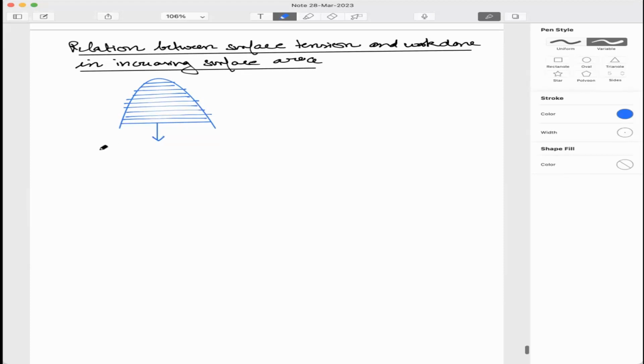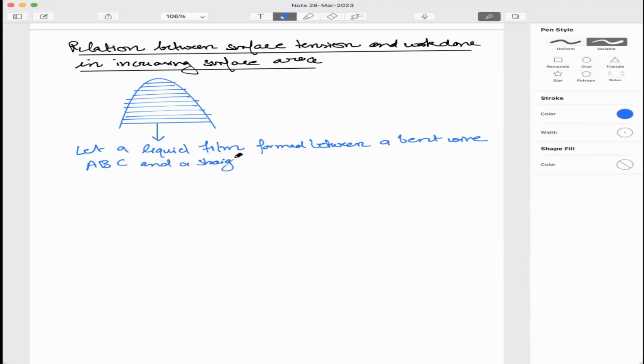Let a liquid film be formed between a bent wire ABC and a straight wire PQ.